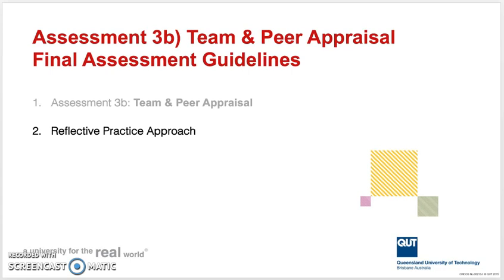So before we're closing the instruction video for assessment 3B, team and peer appraisal, let's spend a few minutes on reflective practice approach. As mentioned earlier, this is the approach you are asked to apply in the last section of assessment 3B, the self and peer appraisal.